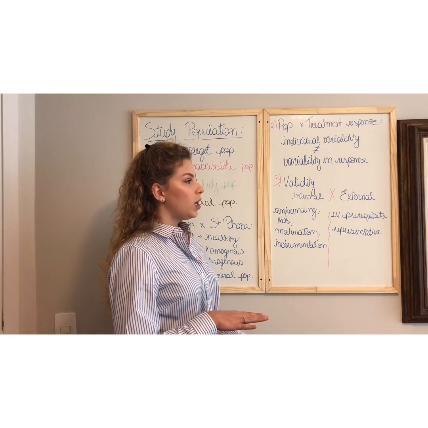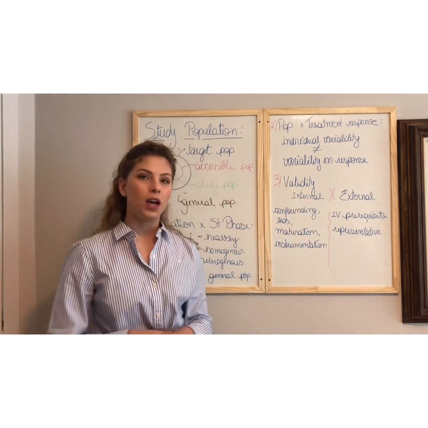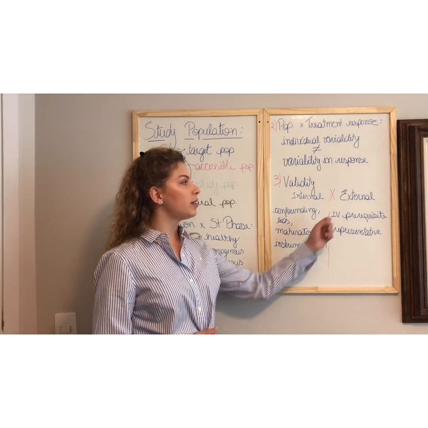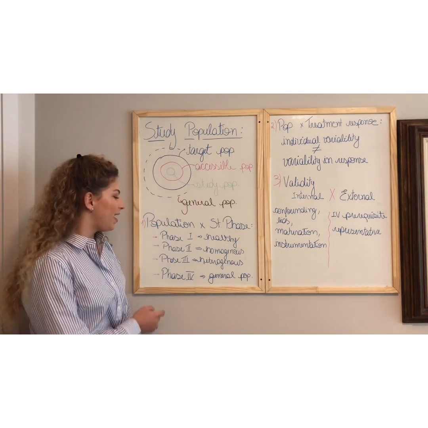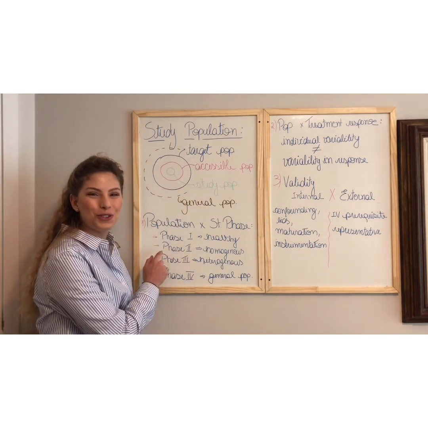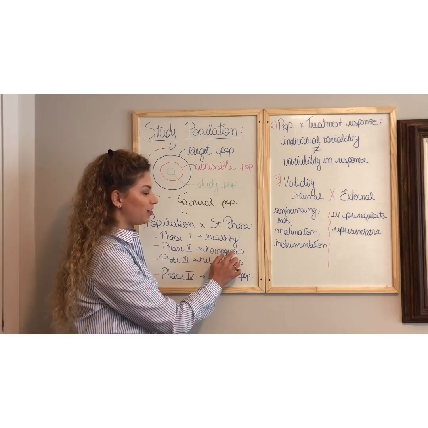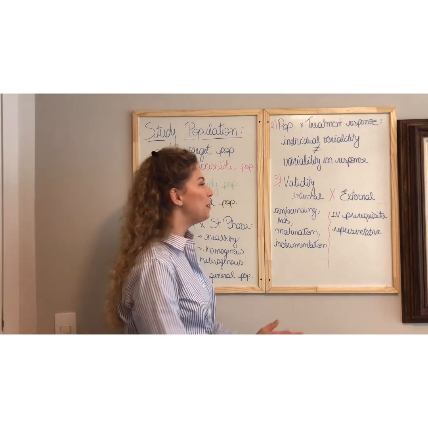So I need internal validity to have external validity. I cannot prioritize external validity over internal validity. That is why first we have phase 2 trials, then phase 3. First we prioritize internal validity, then external validity. Do not skip steps, guys.